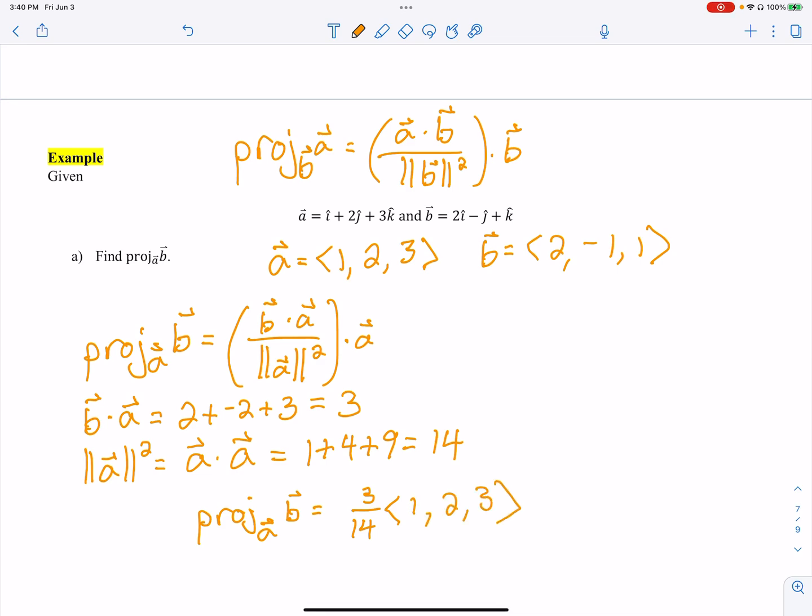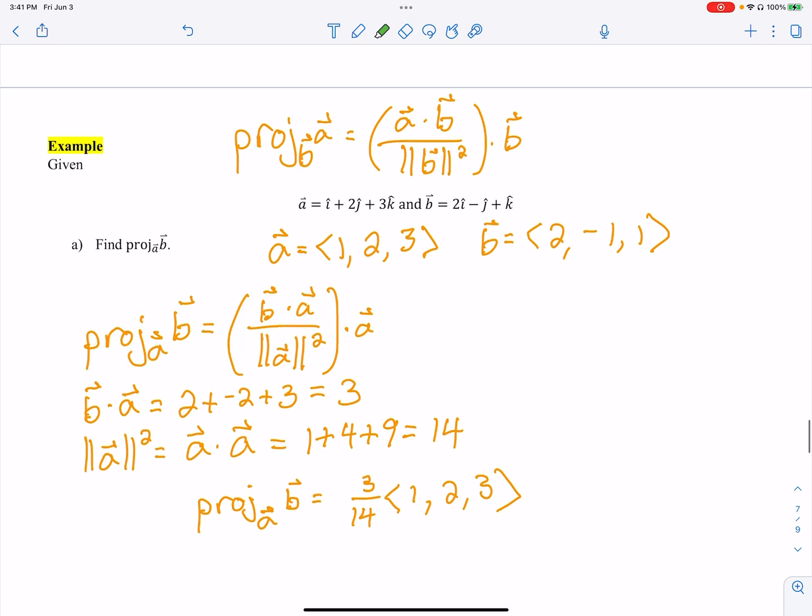So that is the projection. So if we had vector A and we were shining a light down on vector A that had B underneath it, this would be the shadow under A. Right? Not too bad. I think the most difficult part is remembering this giant formula. I think that's the worst part.